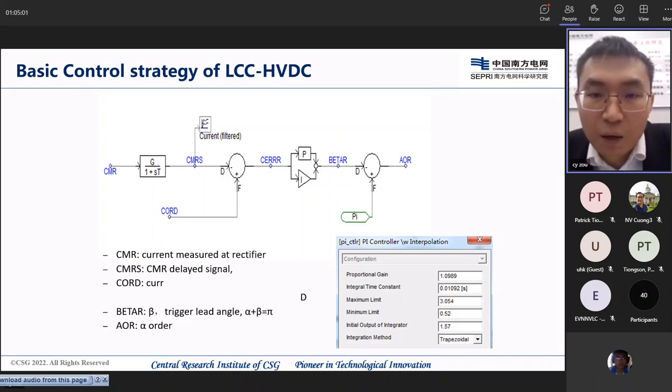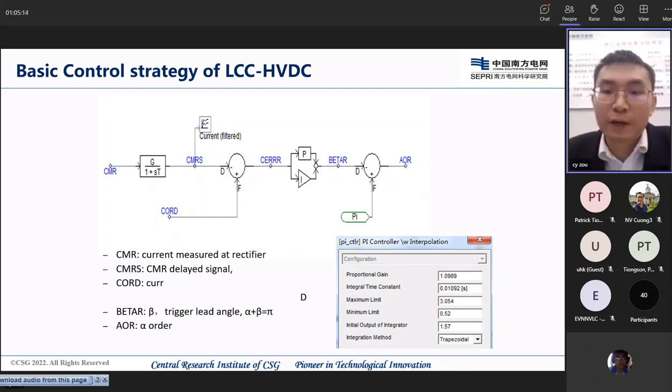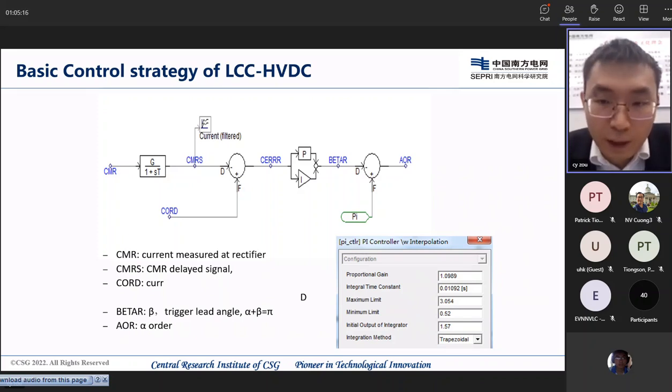So the alpha is limited between 5 degrees to 150 degrees. 5 degrees is the minimal requirement of firing angle order. If the firing angle reaches this value, the rectifier will lose its control of the DC current.